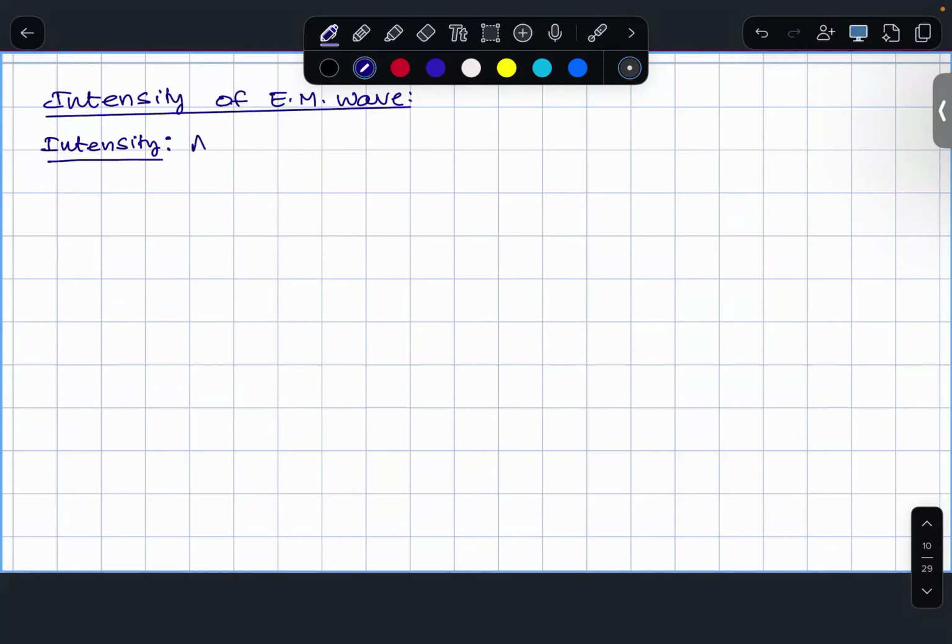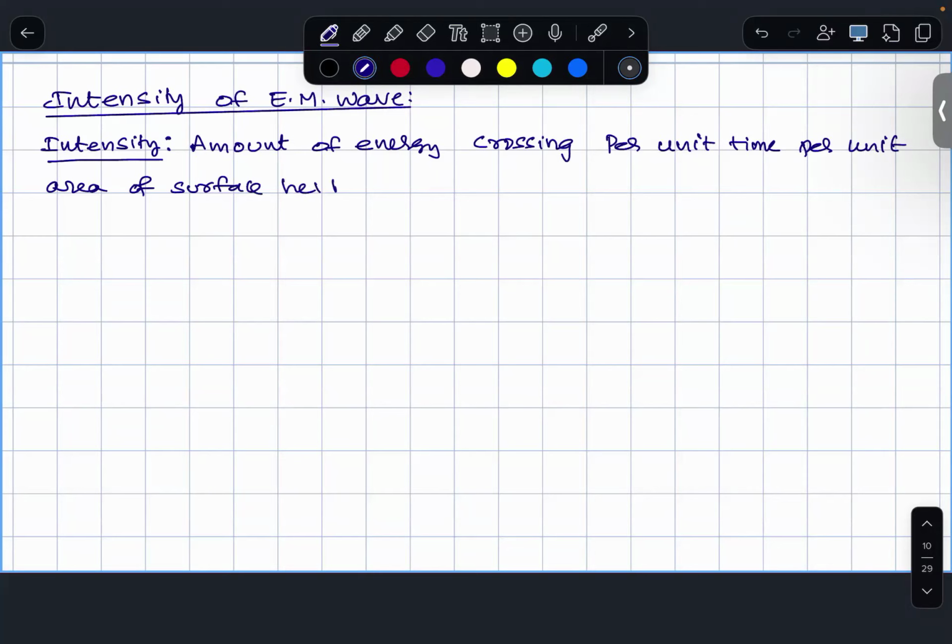Amount of energy crossing per unit area per unit time of a surface held normally to the direction of the wave.